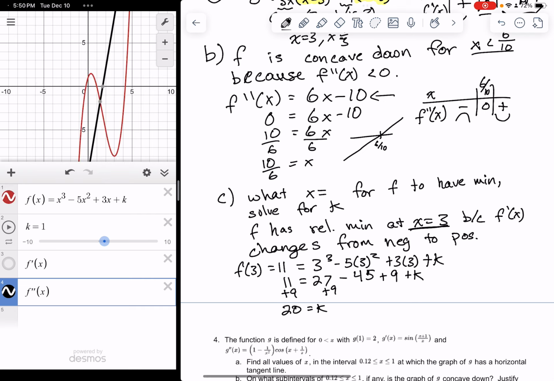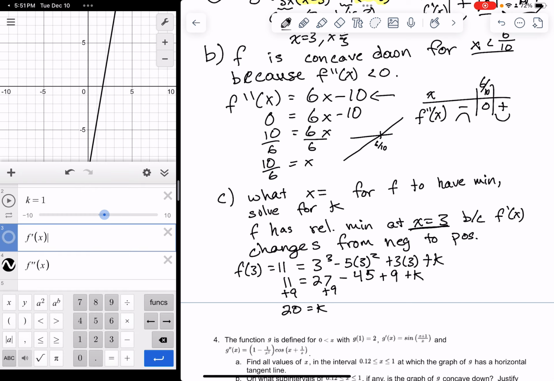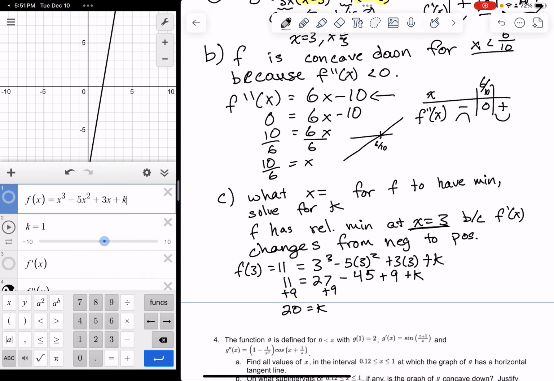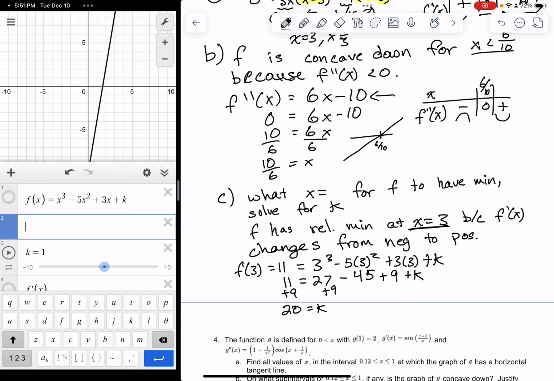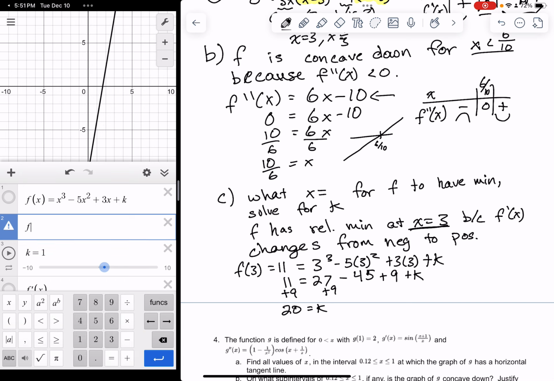How would I have done this using the calculator? Well, we do have f of x equals all this stuff. What I'm going to do is ask what is f of 3, so I type f of 3, and it tells me that is negative 8.